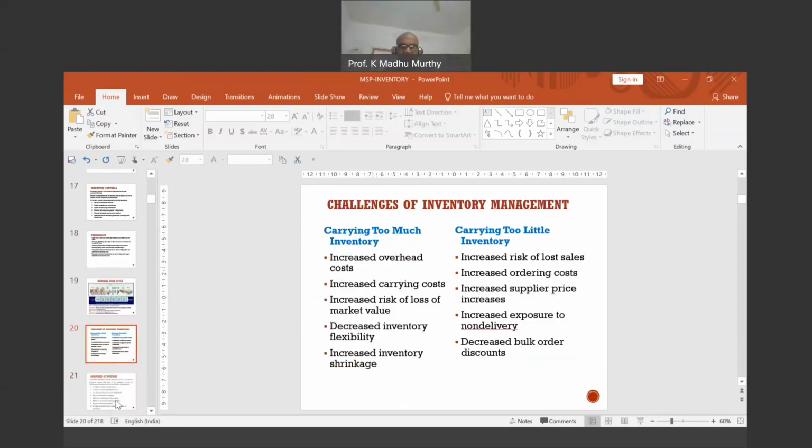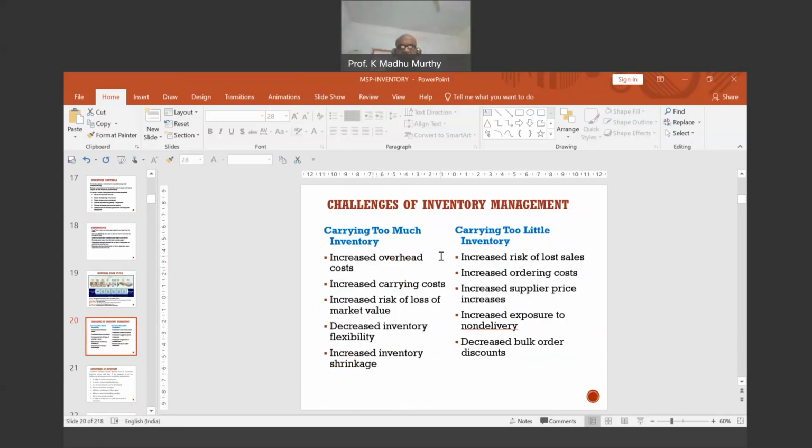So having said this, we have already discussed the reasons to carry inventory, what happens when you have too much inventory, and if you have too little inventory. This we discussed in the last class: increased overhead costs, increased carrying costs, increased risk of loss of market value, decreased inventory flexibility, and increased inventory shrinkages.